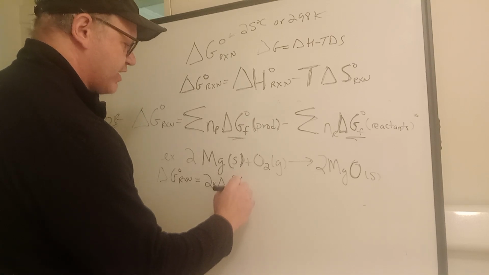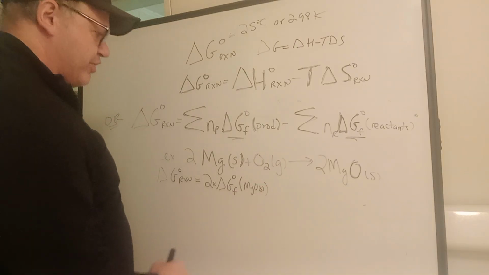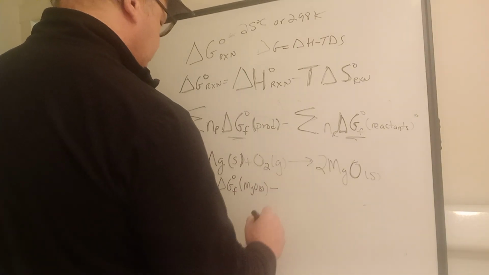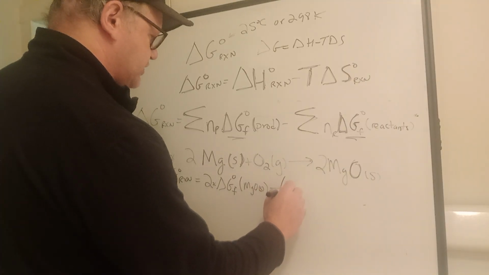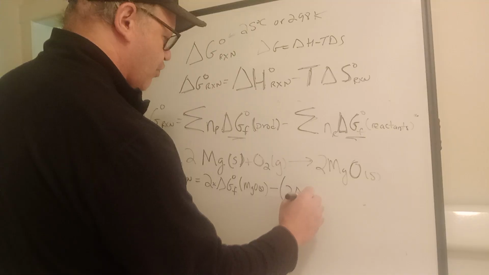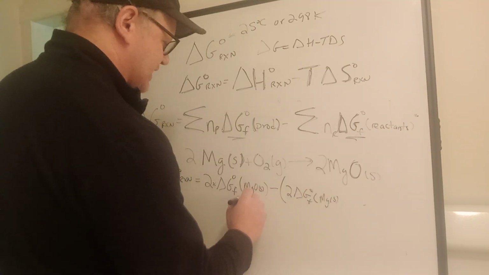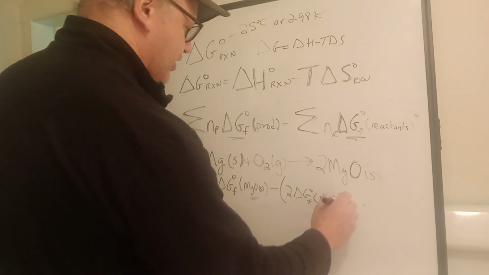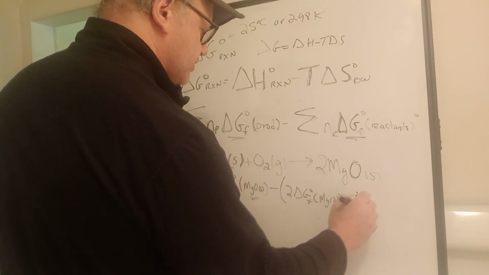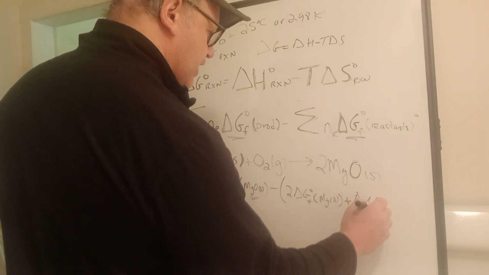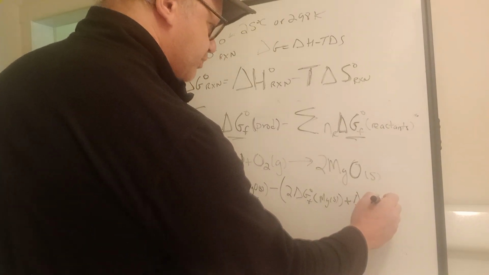I'll just write here magnesium oxide solid. So we look up that value, minus, I always put this in parentheses, 2 times delta G formation for the magnesium solid, plus, there's just a 1, I won't write it, delta G naught formation of O2 gas phase.